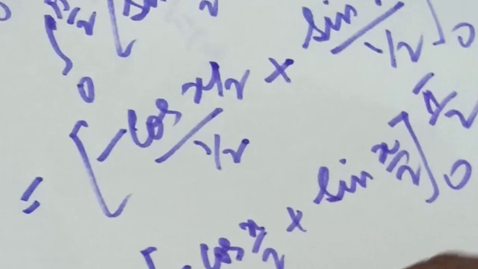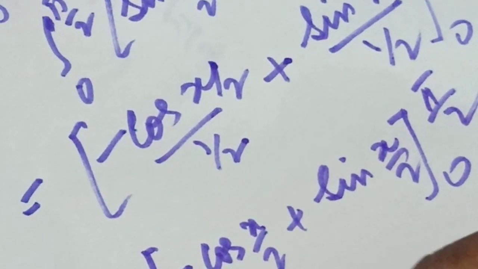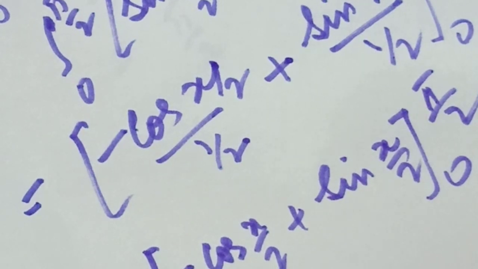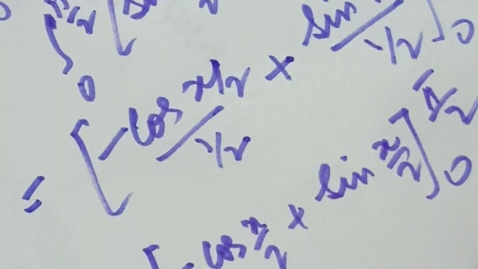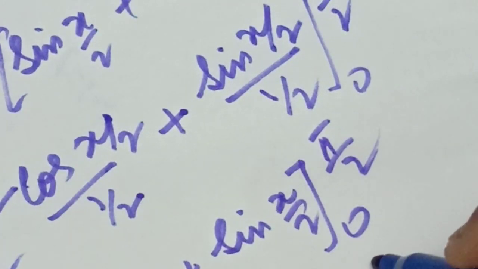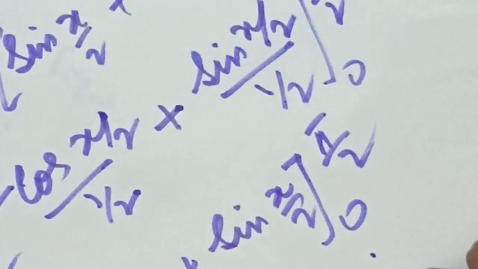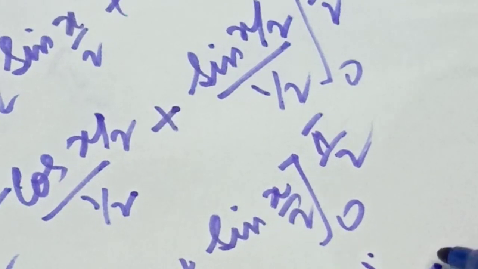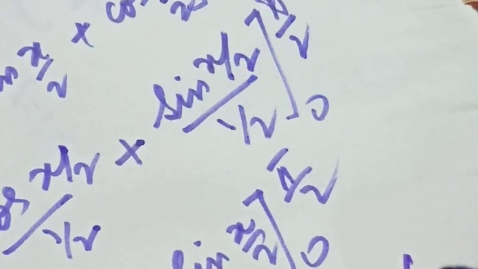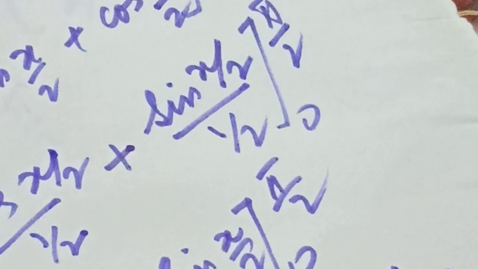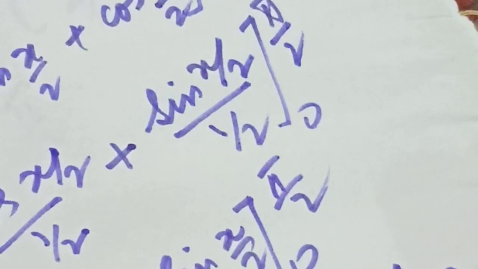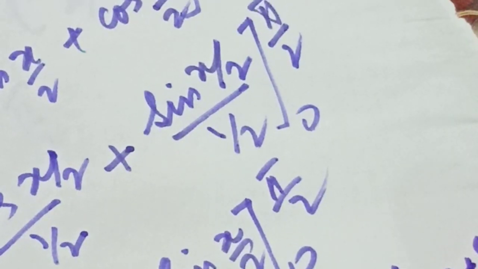So we get 2 times minus cos pi by 4 plus sin pi by 4, minus minus cos 0 plus sin 0.